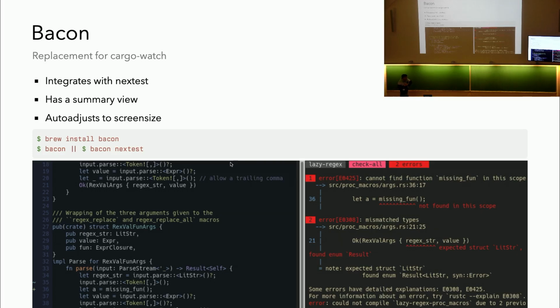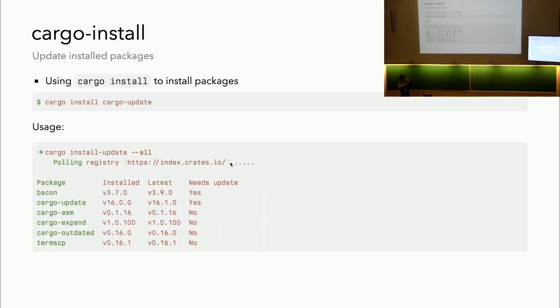I use it all the time at work. It's faster than waiting for the language server to catch up and sort of recompile everything on the background, for me at least. So that's a really nice tool to use, I think, when developing.